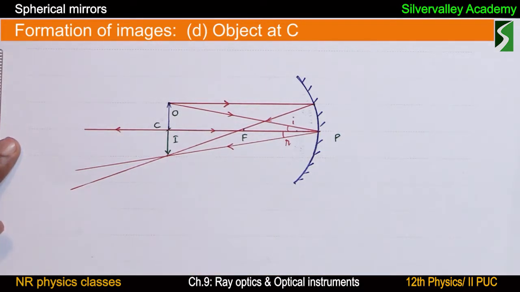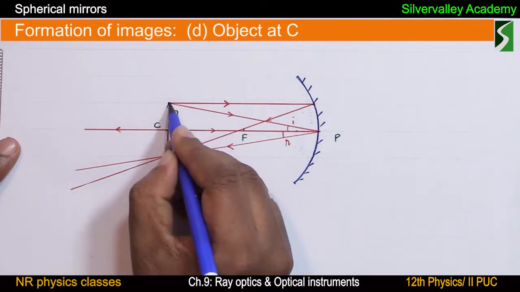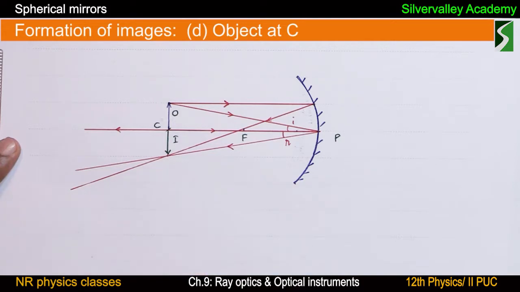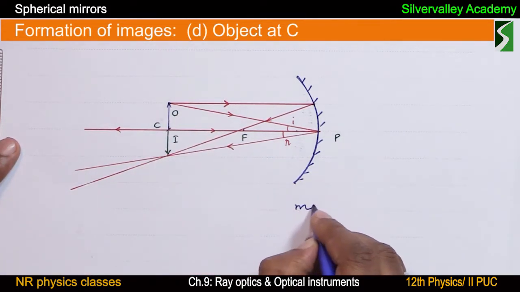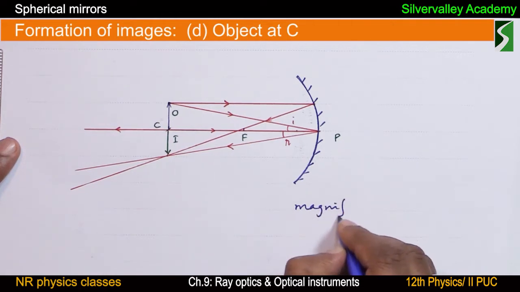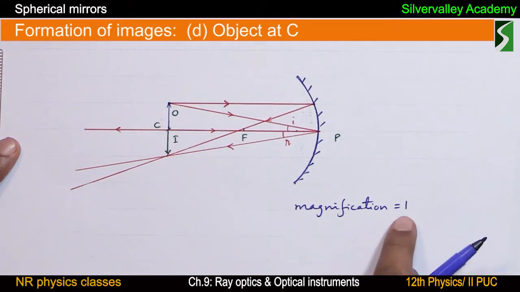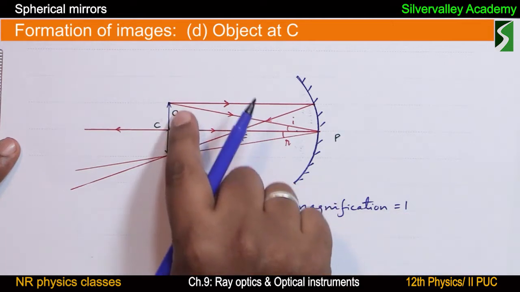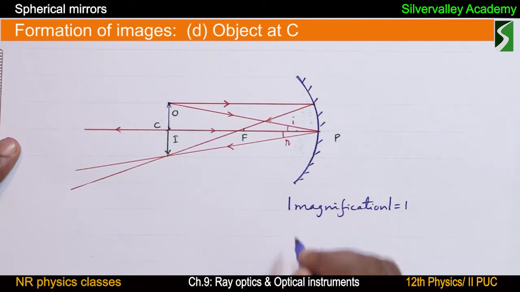Now students, can you guess the nature of the image? Height of the object equal to height of the image. So that says magnification equal to 1. Actually it is -1 because inverted. So let me represent it by magnitude.